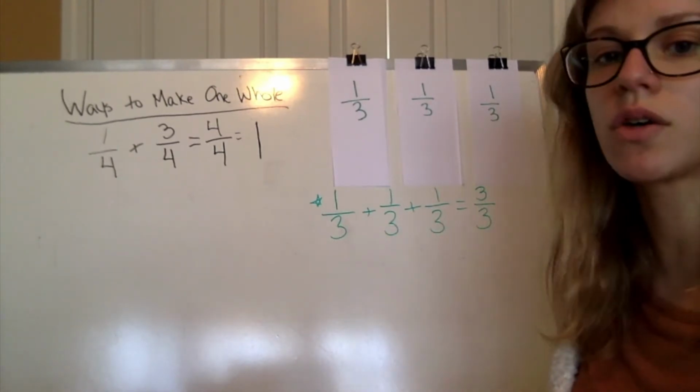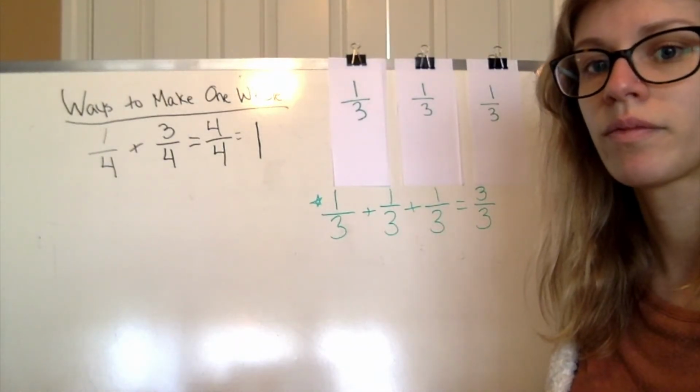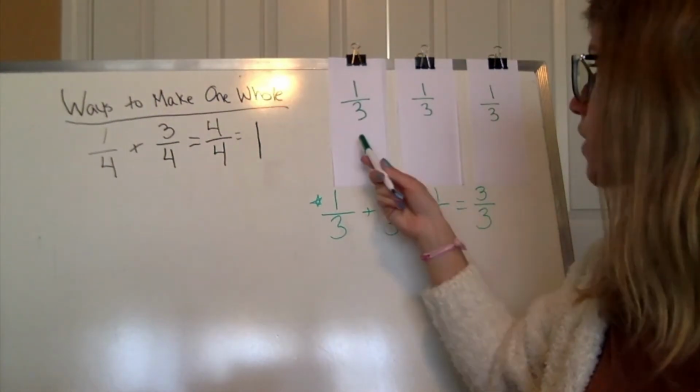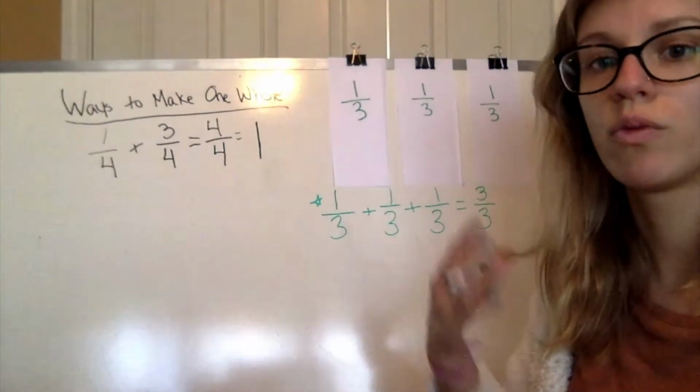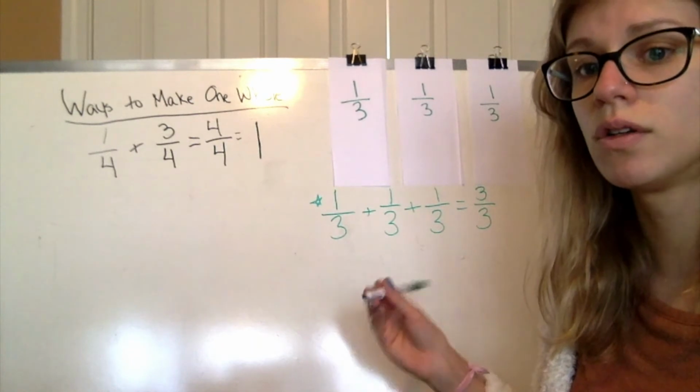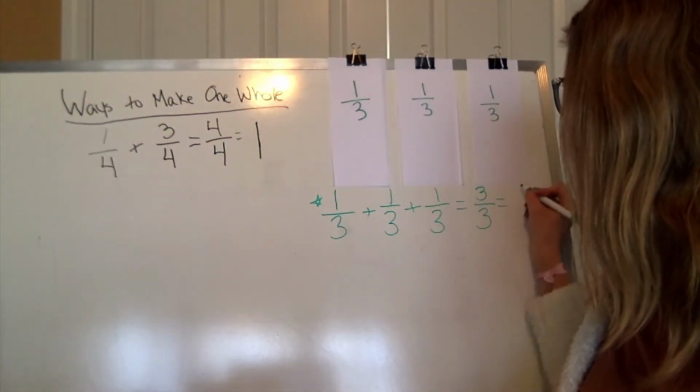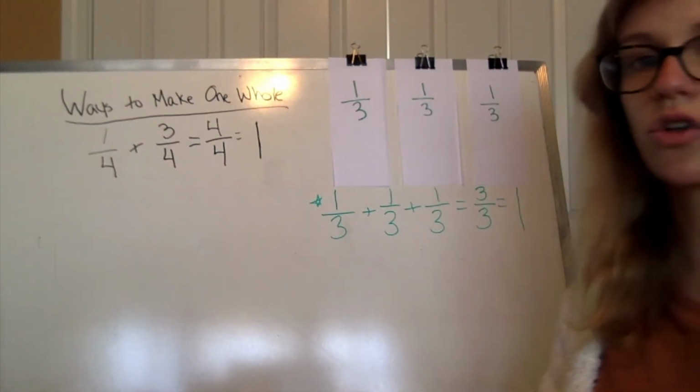My denominator is going to stay the same. So if I have 3 over 3, so that's 3 parts, with 3 parts that make up my whole, I know that 3 over 3 is equal to 1.